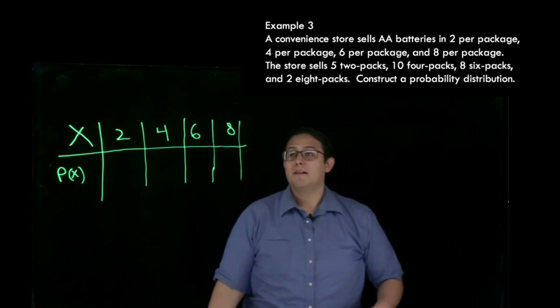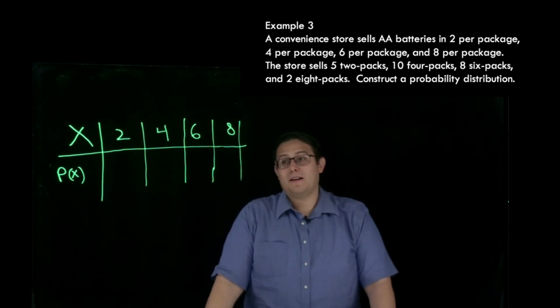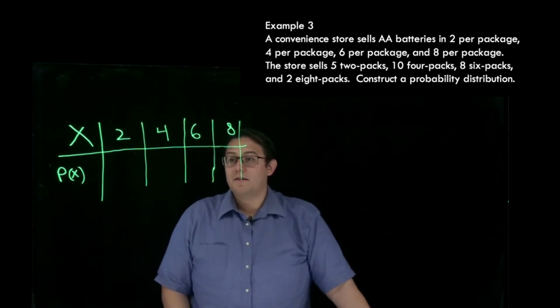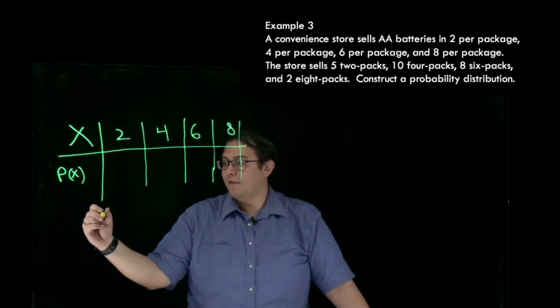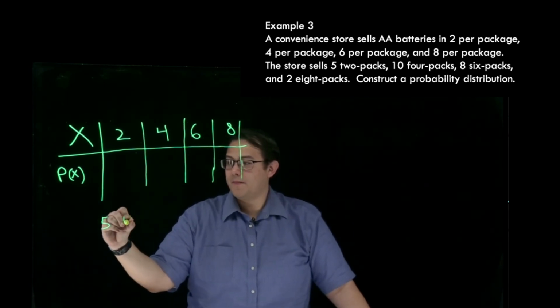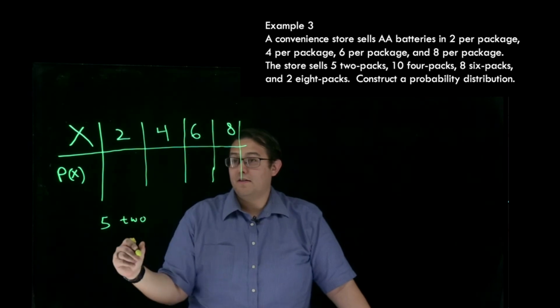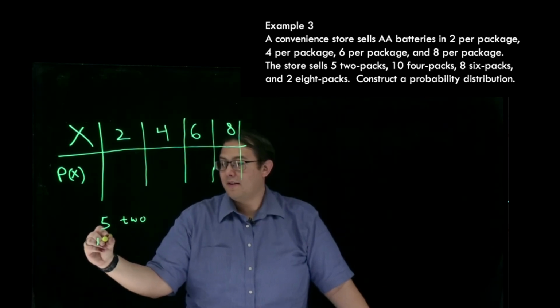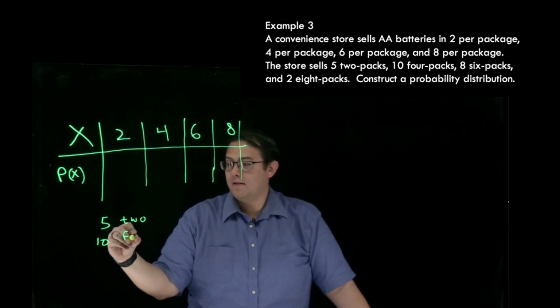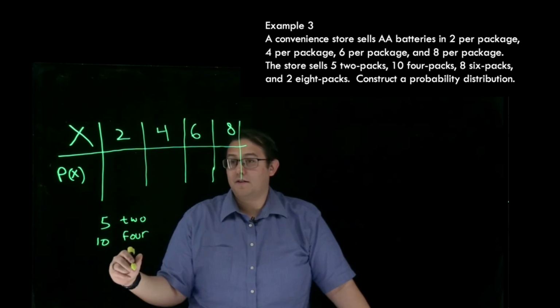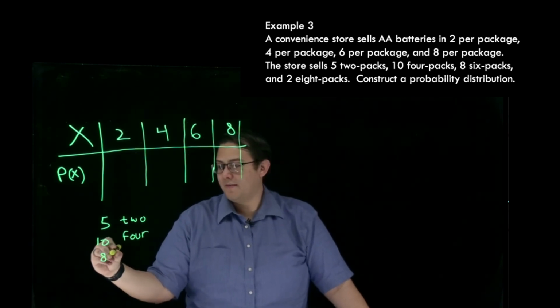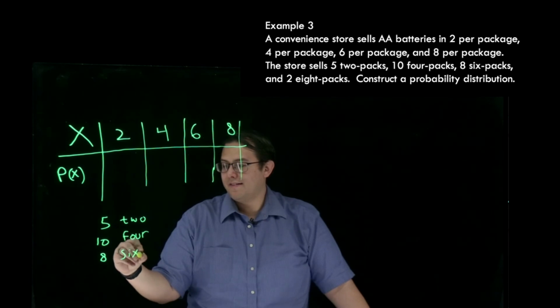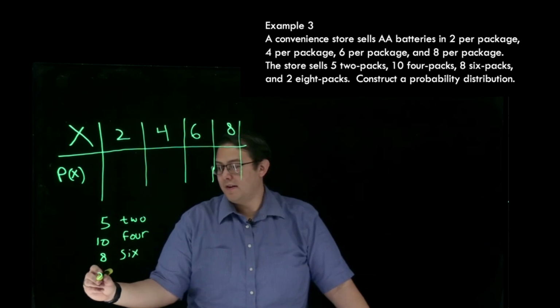So first we need to figure out the total number of packs sold. In the day we sold 5 2-packs, and we sold 10 4-packs, and we sold 8 6-packs, and we sold 2 8-packs.